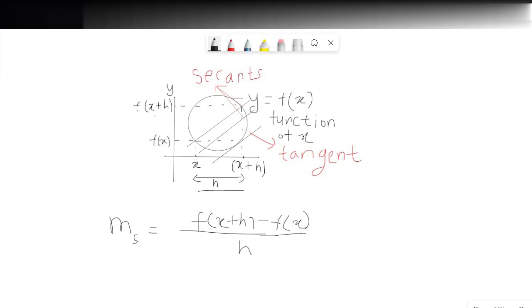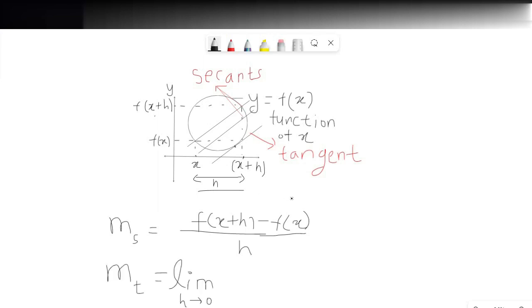Now let's consider the distance h. As h tends to 0, or simply as h becomes closer and closer to 0, the secants eventually become a tangent of the circle at this specific point.